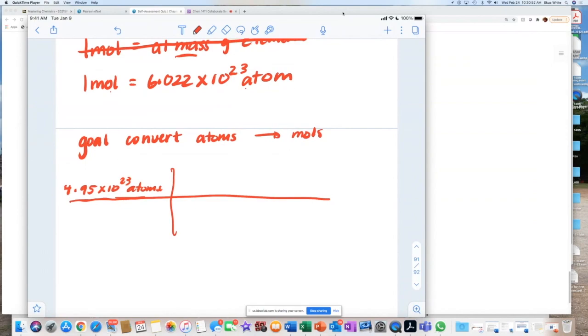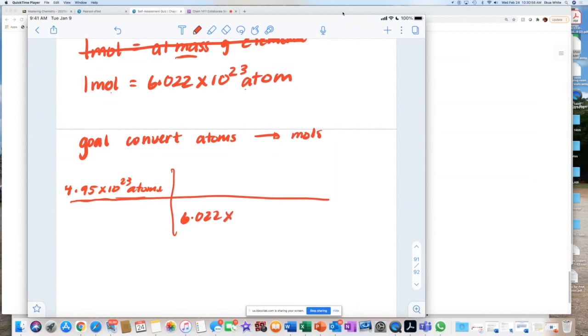I have a number of atoms, so I put 6.022 times 10 power 23 atoms on the bottom, and I put 1 mole of whatever the compound or element is. I have no idea what it is. I'll put 1 mole up here, work this out, and this will give me the amount of the element in moles.